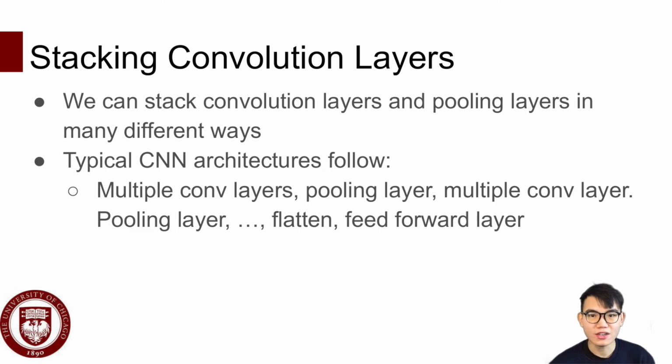Usually, CNN architectures follow the funneling pattern, where we have multiple convolution layers, then a pooling layer, then multiple convolution layers, followed by a pooling layer, and so on. As we progress through the architecture, the number of feature maps usually increases while the size of the layers decreases.